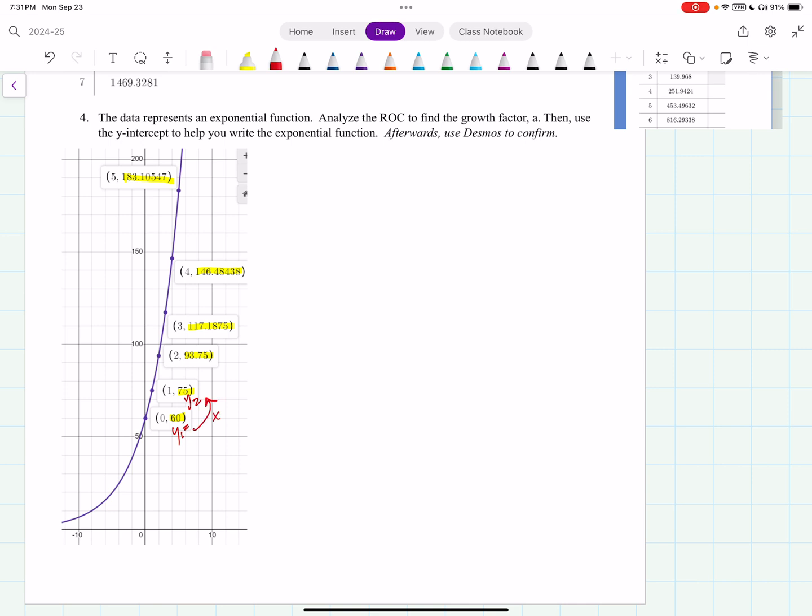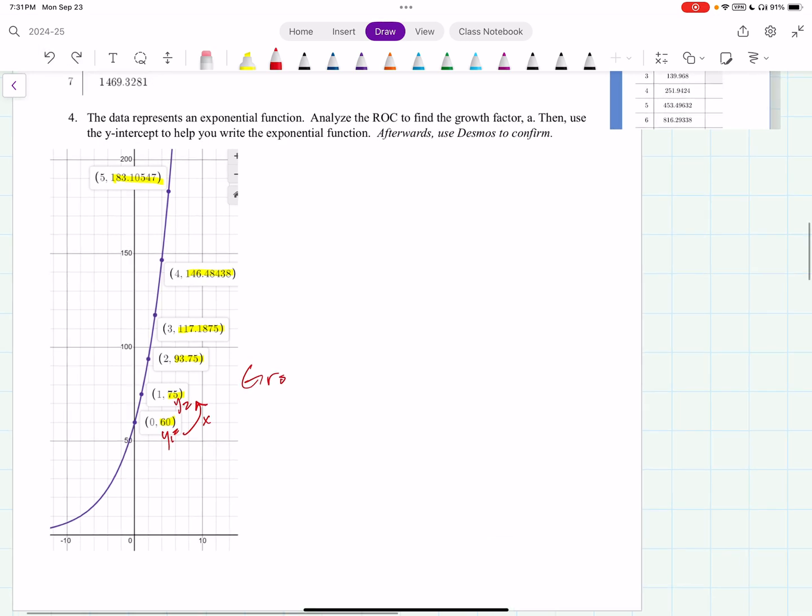Well, you gotta analyze the growth rate, right? So let's do that. So the growth rate, again, as I said before, is y2 divided by y1. Okay, and this is your b value in your function here. So y is always a times b to the power of x for your exponential function.